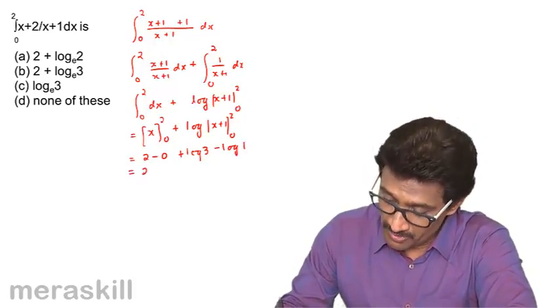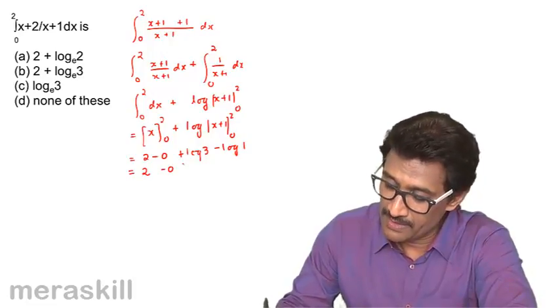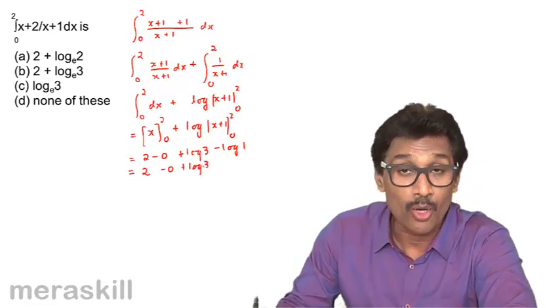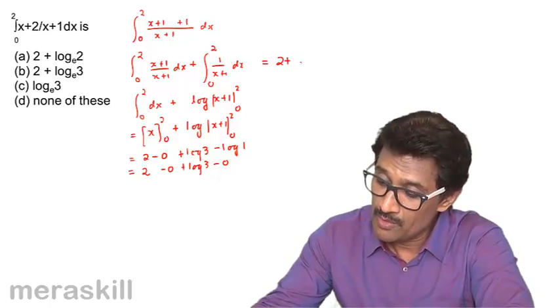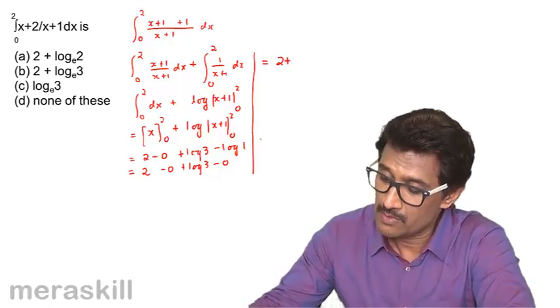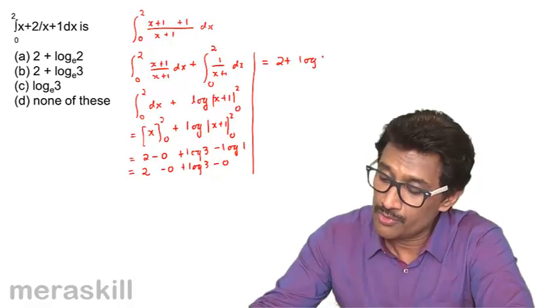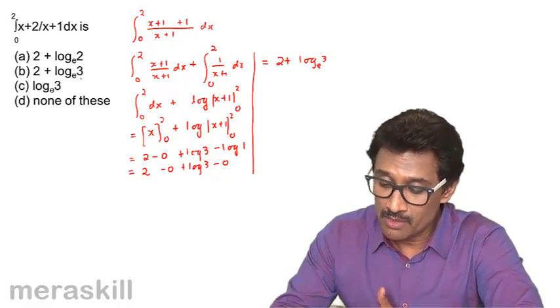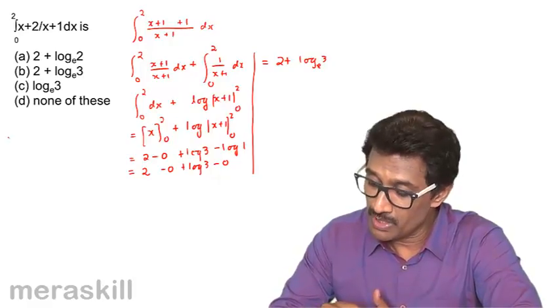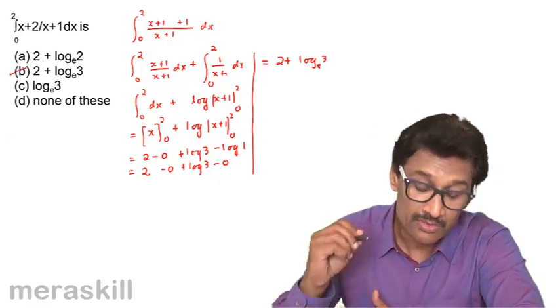Now this is going to be 2 minus 0 plus log 3, and log 1 is going to be 0. Ultimately it's going to be 2 plus log 3 to the base e.